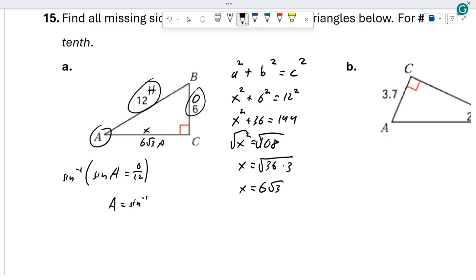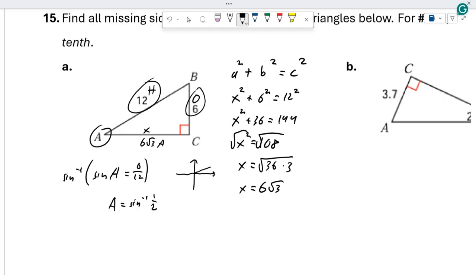Now, you don't have to reduce this fraction, all right? It's 6 over 12. However, if you do reduce it to 1/2, you might notice something. You might notice that essentially what this question is now asking is, what is the angle that results in a sine measurement of 1/2? Well, we just went over the unit circle.